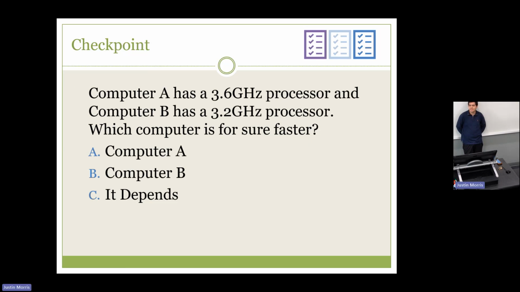It doesn't take into account instructions per clock, so it's not the full story. So this is just one performance metric that is part of our performance equation. So although it could be an indicator, it does not mean we are for sure faster.